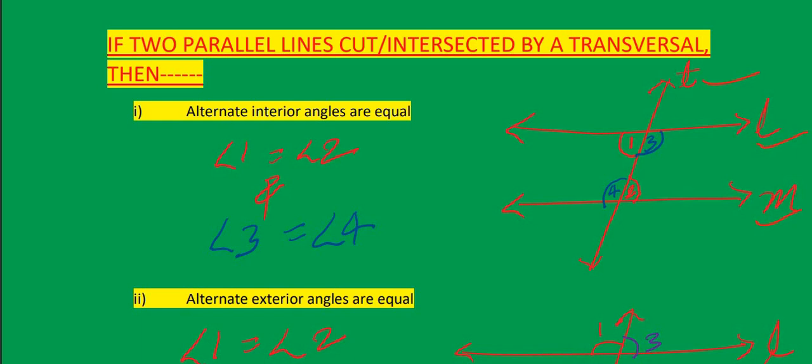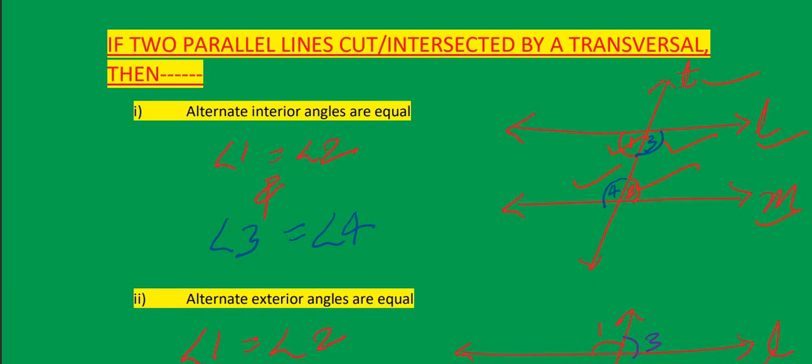First possible property is alternate interior angles are equal. So in this question, angle 1 and angle 2 are alternate interior angles and they are equal. Similarly, angle 3 and angle 4, they are alternate interior angles and they are equal. So alternate interior angles are equal.